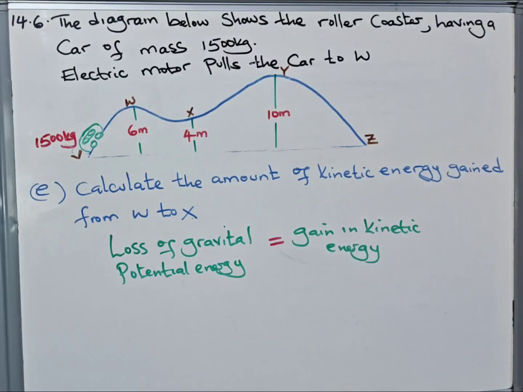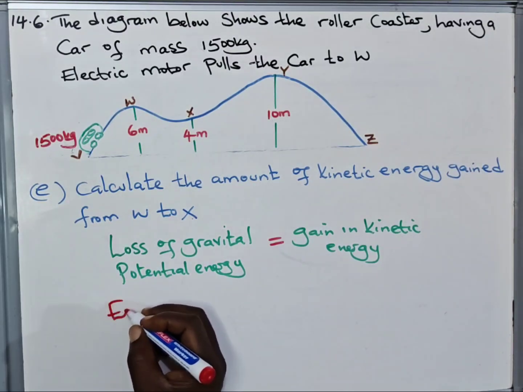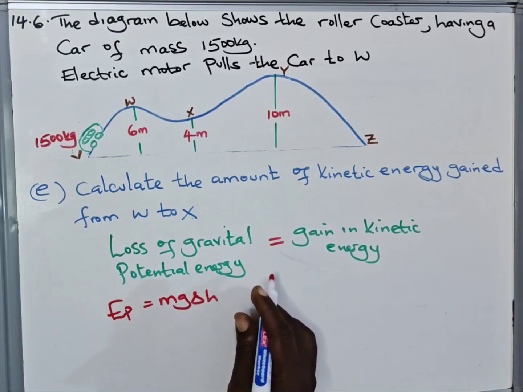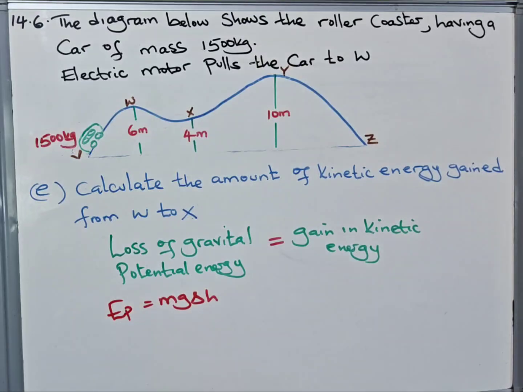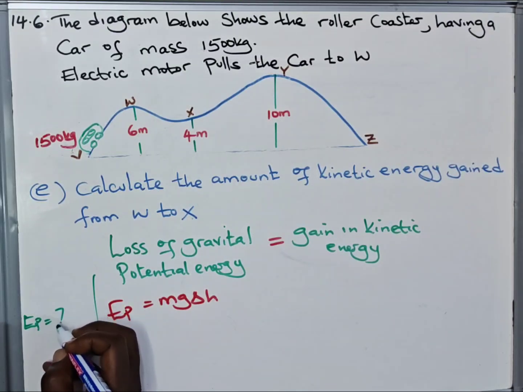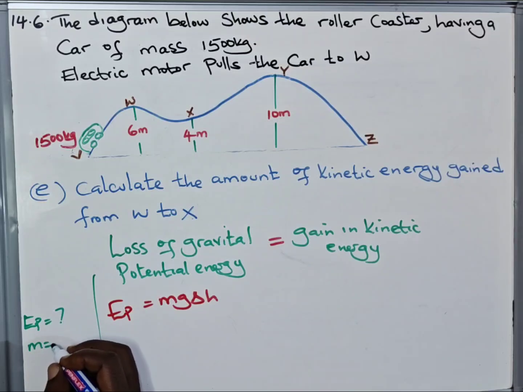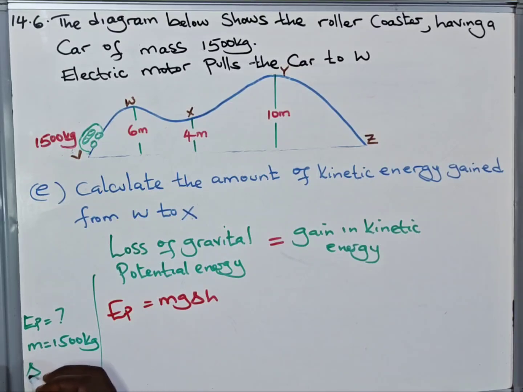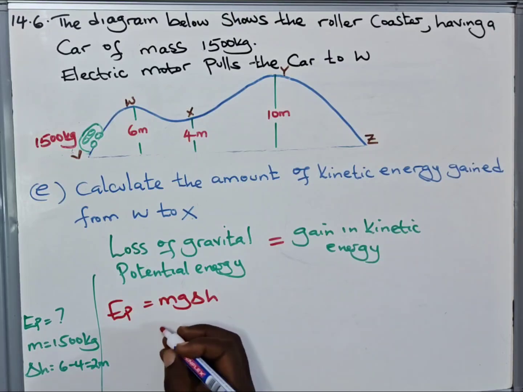But we can calculate the loss. The loss is EP equals mg delta h. When you check for what we have in terms of data, EP is what we are looking for. Mass is known, and delta h is the difference, which is 6 minus 4, giving you 2 meters. So when you substitute for those, what do we get?